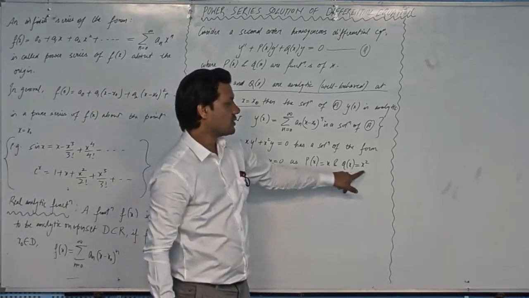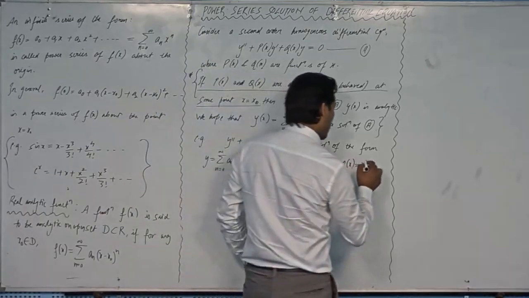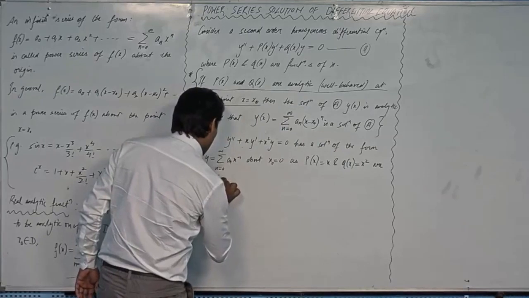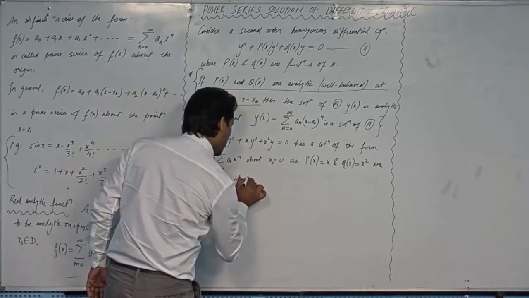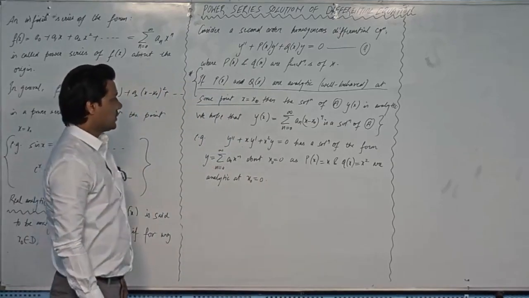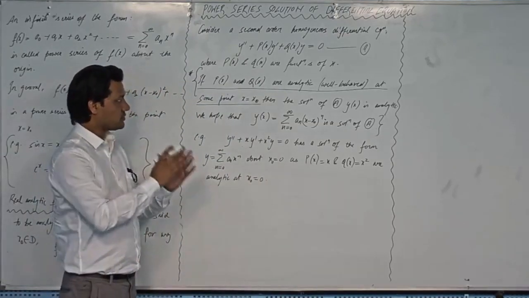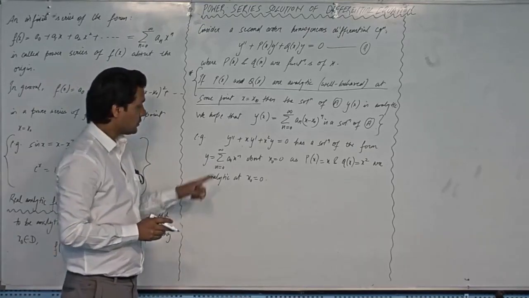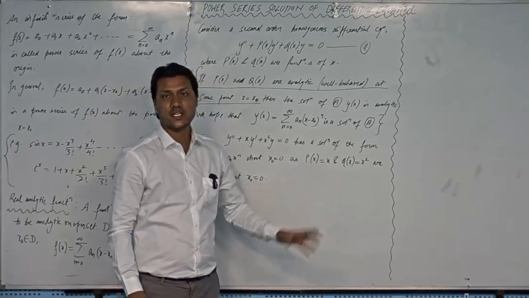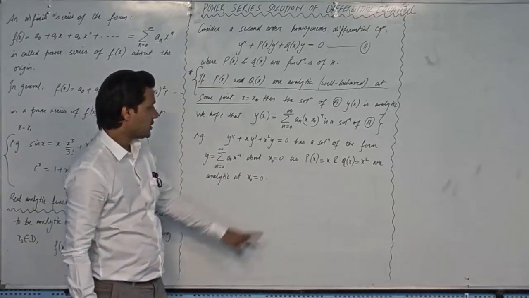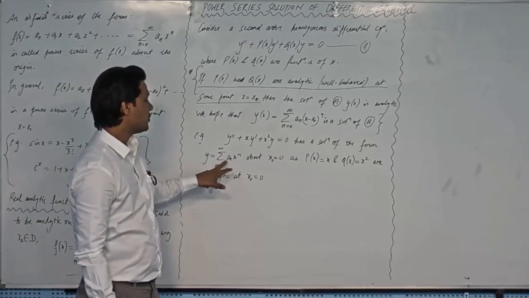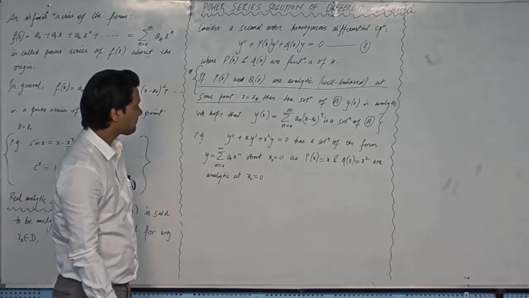They both are polynomial functions, so they are analytic functions, analytic at x equal to 0, right? So to start with this series, we just need these conditions to be satisfied. The p(x) and q(x) should be analytic functions, and when this is satisfied, then we'll start with that series solution or power series solution, right?